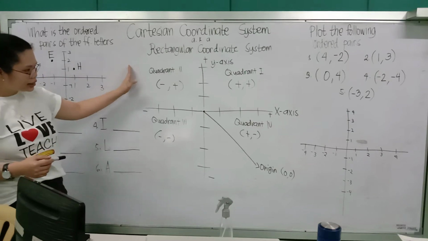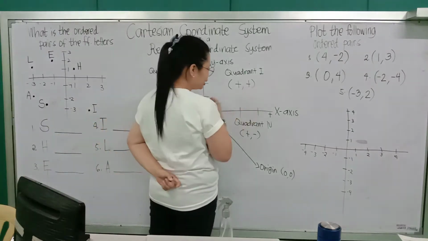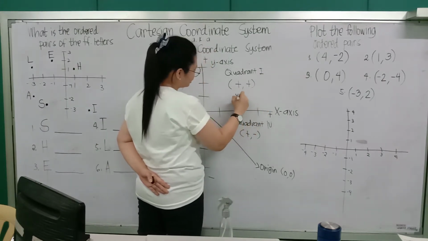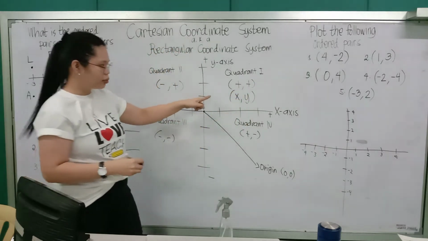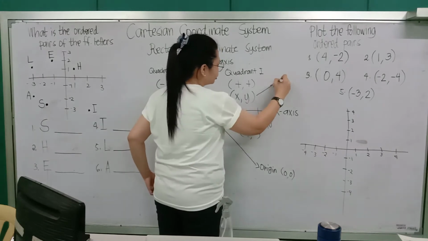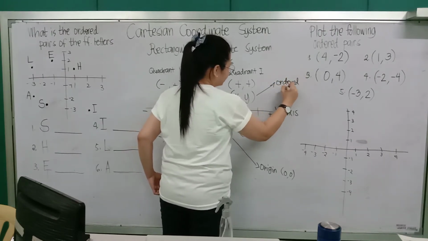Next, we have here x and y. x and y always come first, and they are called ordered pairs.